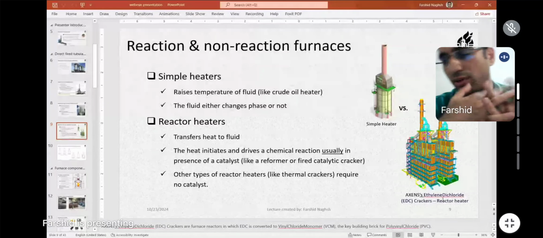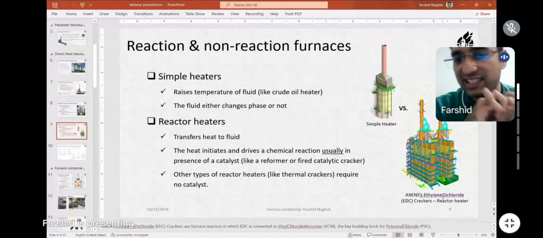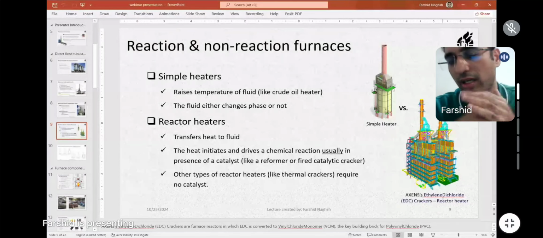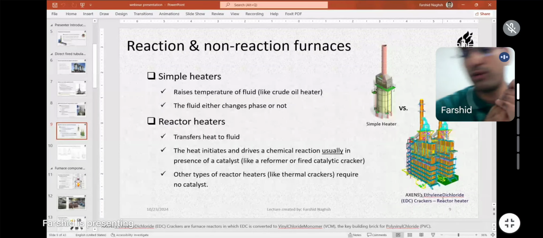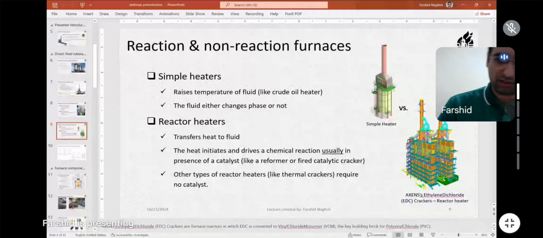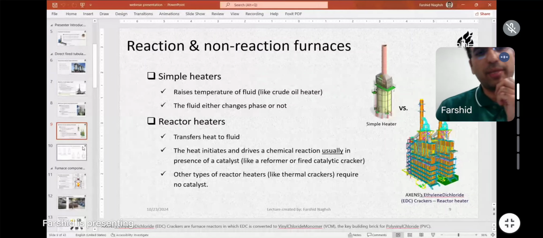It is a sort of cracker, and it converts EDC to VCM, vinyl chloride monomer, which is a key building brick for producing PVC, polyvinyl chloride. This is also a cracker. It is taken from Axens websites, and the license is for Axens company.